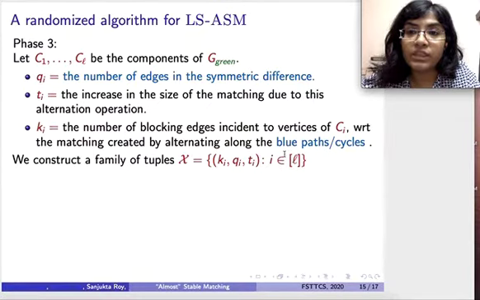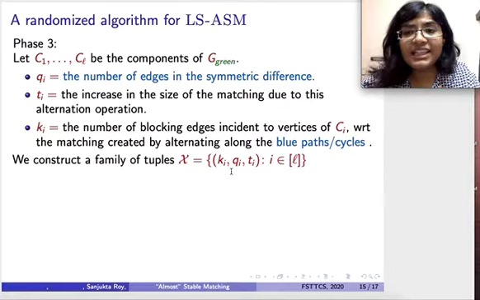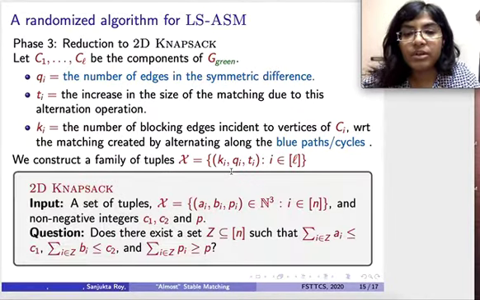Because we want to increase Ti, and we want to minimize Qi and Ki. So this is exactly the two-dimensional knapsack problem, where you want to minimize two quantities and maximize the profit.